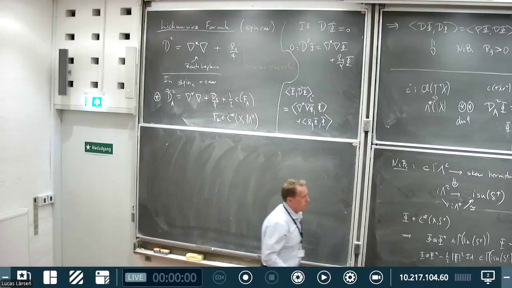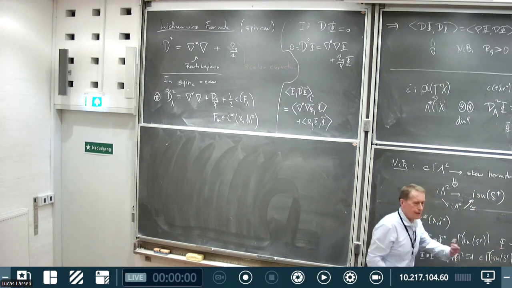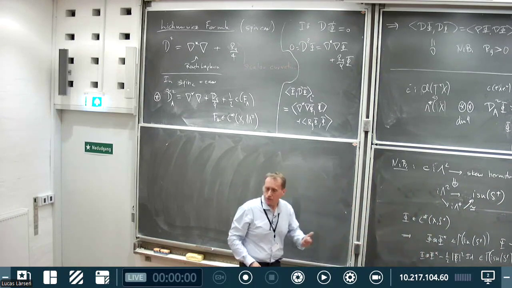But my A was a connection in L, right? So I know how scalar multiplication is supposed to transform connections.